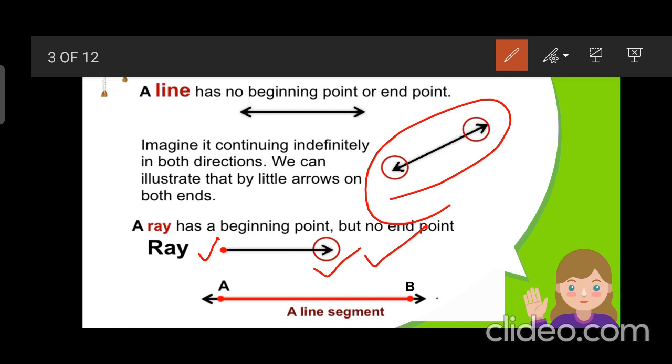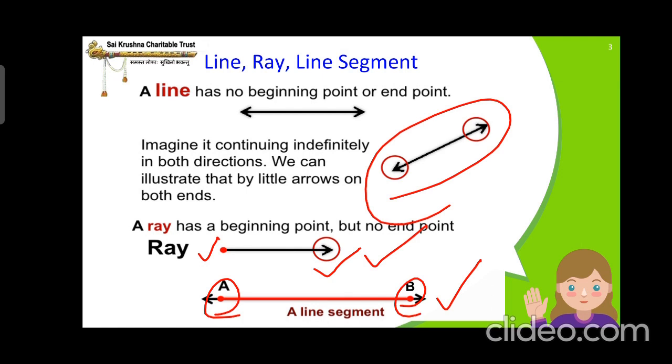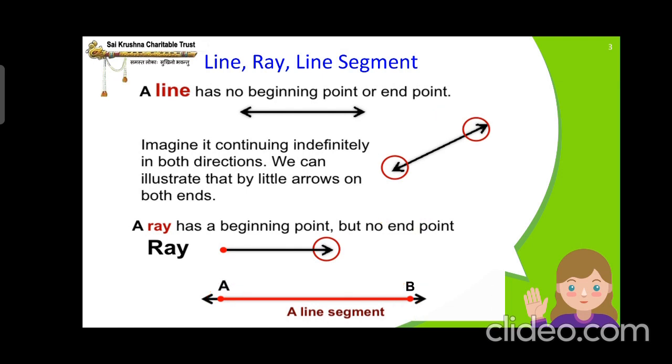As you can see in this last diagram, it is a part of a line, and it has 2 end points, point A and point B. That's why it has a fixed length. So this is about the definition of line, line segment, ray and a point.